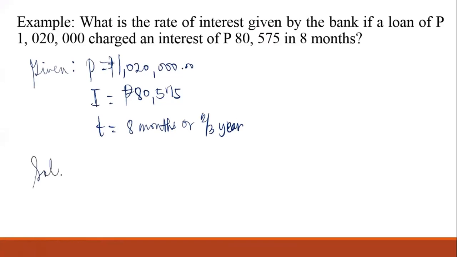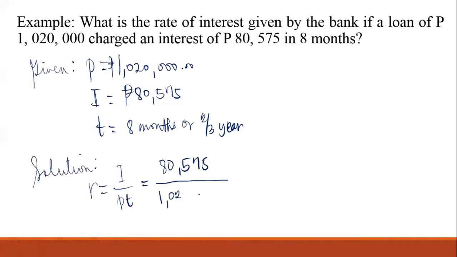Okay, so for our solution, we will use the formula R is equal to I over PT. So substitute. What is the amount of interest? The amount of interest is 80,575 over principal of 1,020,000 times the term na 2/3.